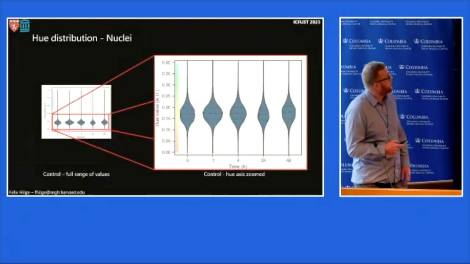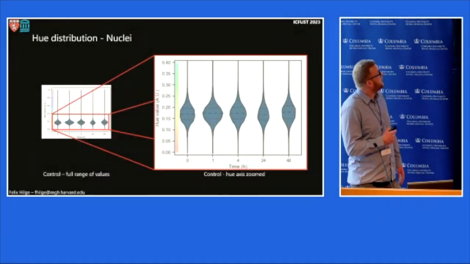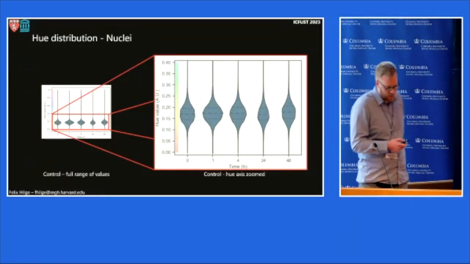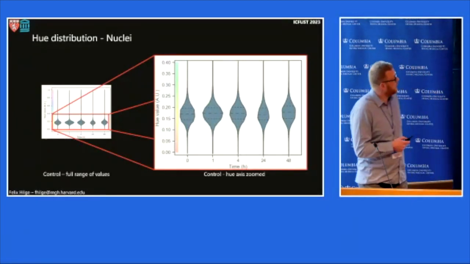For the nuclei, the hue values were more confined to this region. Therefore, I zoomed into the hue axis, and again, with the control, there are no changes. The hue value is more well located in the yellowish green color.